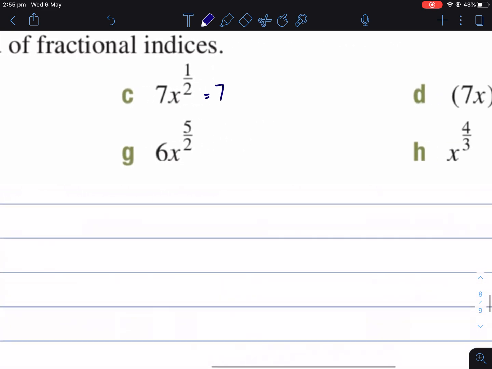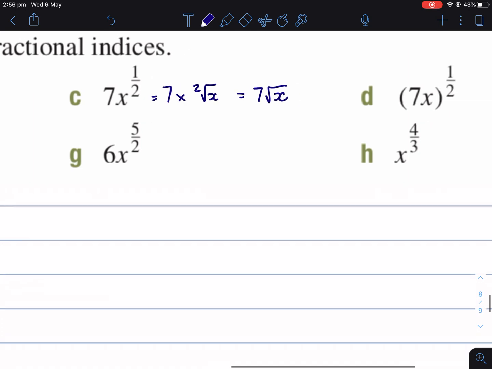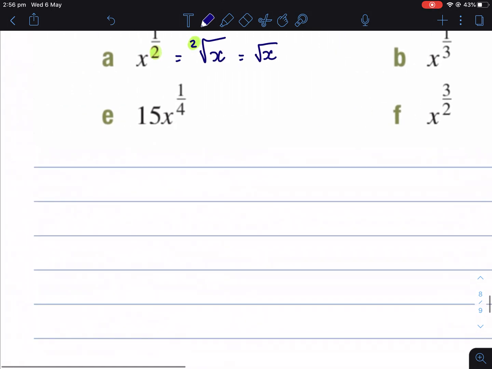Now this is the same as 7 times the square root of x. So we would write that as 7 root x. This is the same as 15 times the 4th root of x. So it's 15 4th root x.